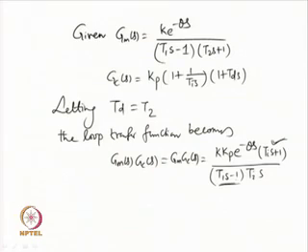Please keep in mind, you cannot make cancellation of the pole and zero, that is not allowed. So, that way the analysis for this loop transfer function will be a bit involved. Unlike the earlier case, we may not be able to design all the parameters outright using simple formulae or technique.